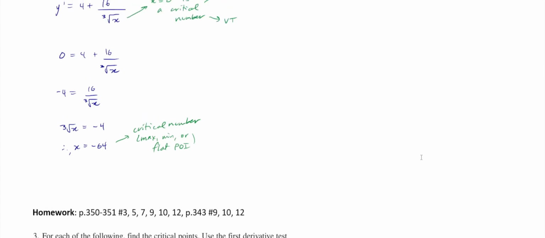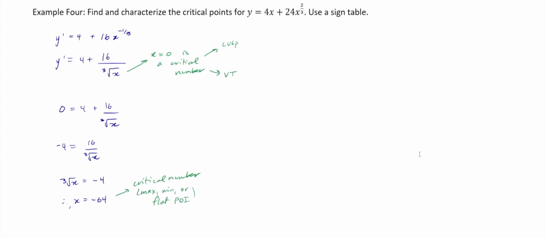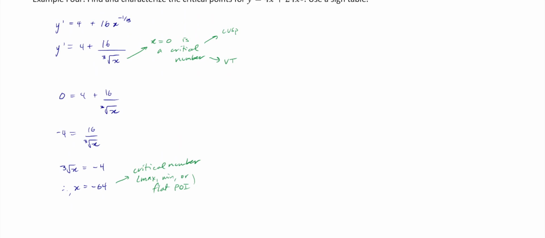Okay, so I've got some options here. I'm going to make a sign table, and my sign table is just going to be pretty easy. I'm going to use x less than -64, again including my restrictions, then between -64 and 0, and then x greater than 0. Then I can just look at my first derivative, 4 plus 16 over the cube root of x.